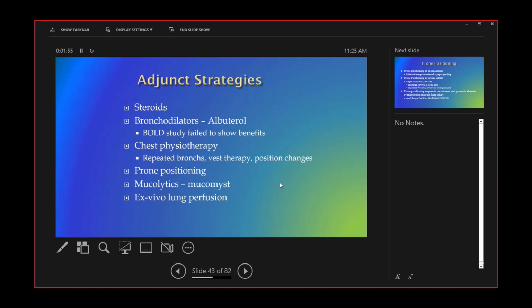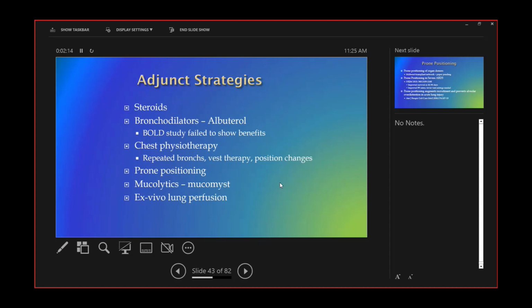In addition to that, there are the adjunct strategies that we can use, like steroids, bronchodilators, albuterol. But remember the BOLD study that was done out of the San Francisco OPO, Donor Care West, I think. Donor West? Donor West, yeah, thank you.